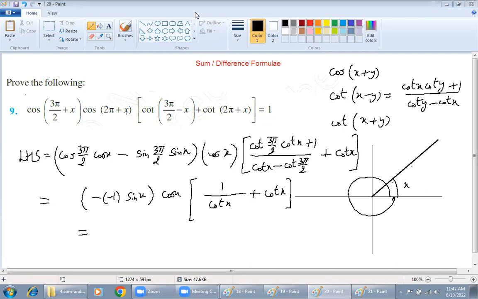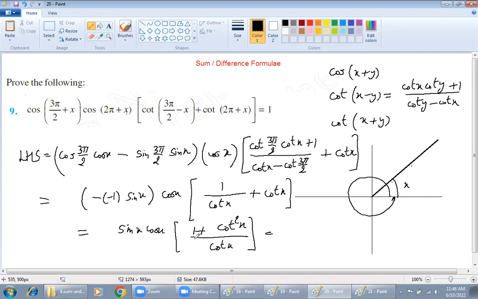we have sin x into cos x. So taking LCM here, 1 plus cot square x divided by cot x.